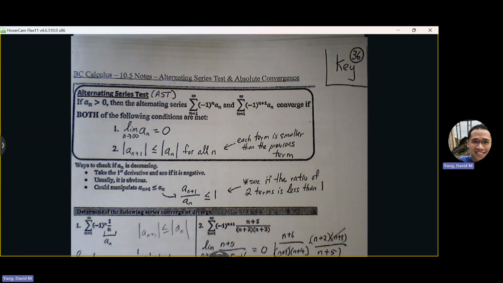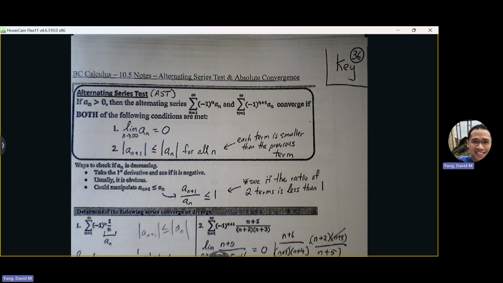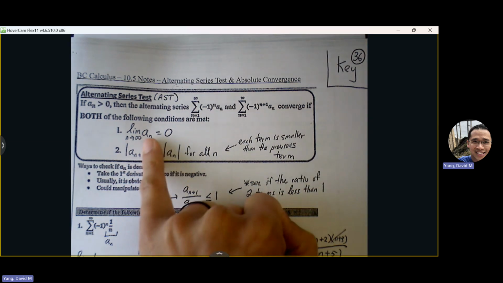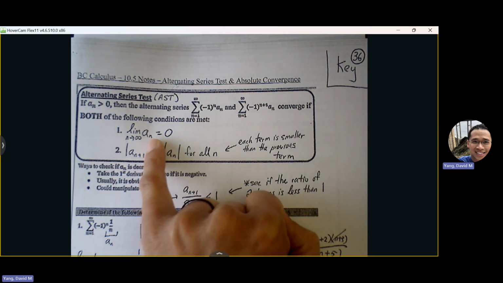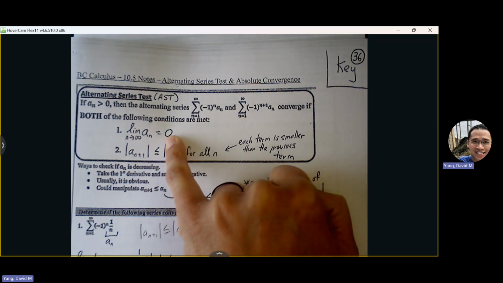It's just changing every other term to be a negative. So you can imagine when we have this alternating, if every other term is getting subtracted, then technically it should be easier for our series to converge. And so normally, if it was just limit as n approaches infinity of a sub n is equal to 0, we would say by the nth term test, this is not enough, right?